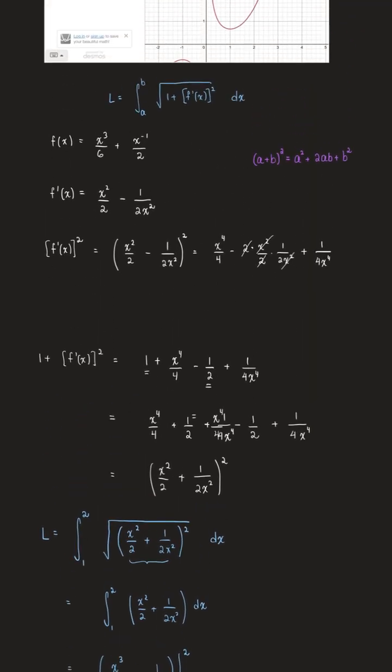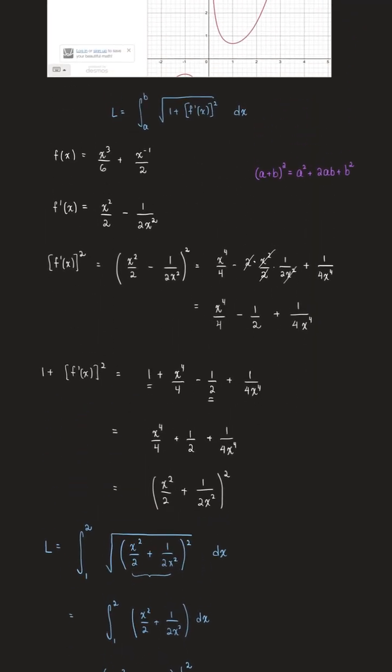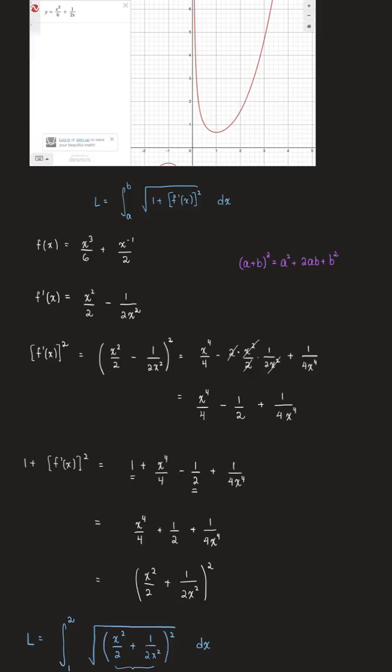Our arc length over here, notice that we take a derivative, square it, then we add 1, and this is where things change, and then we take the square root. If we had not added 1, we would really be integrating f prime of x dx. So it should be giving us f of x, but adding the 1 here changes it very slightly.